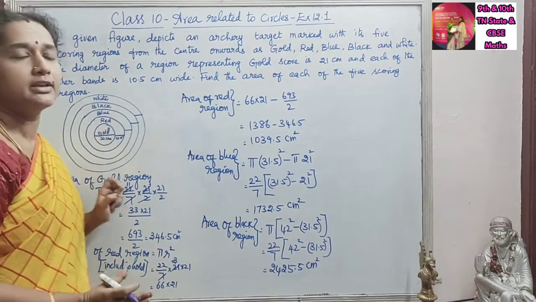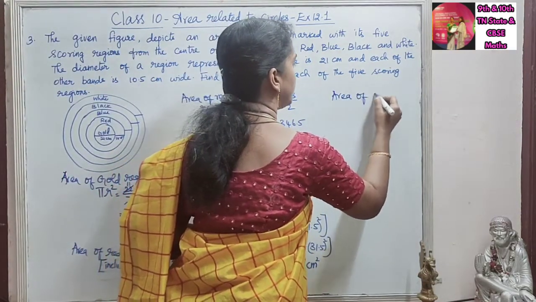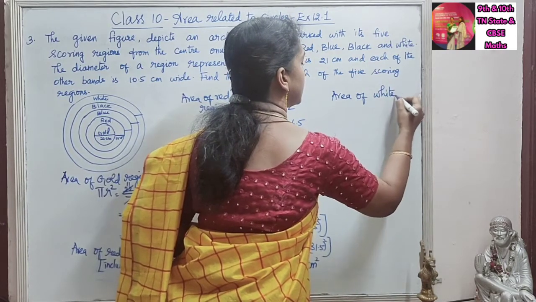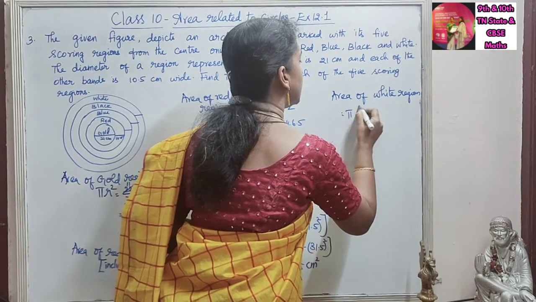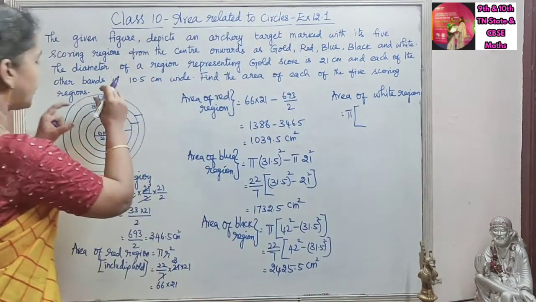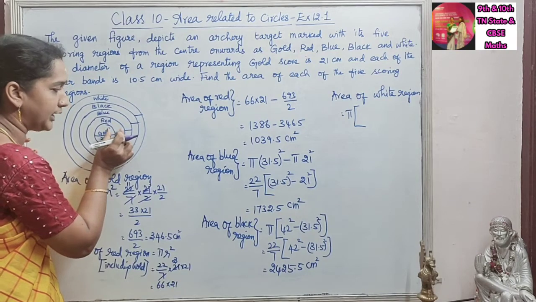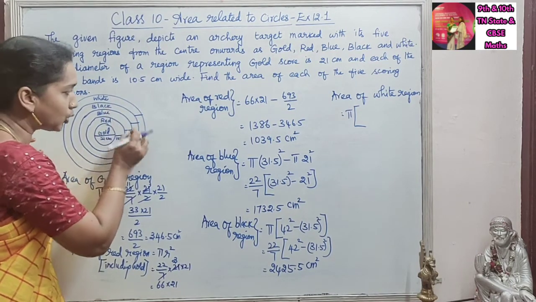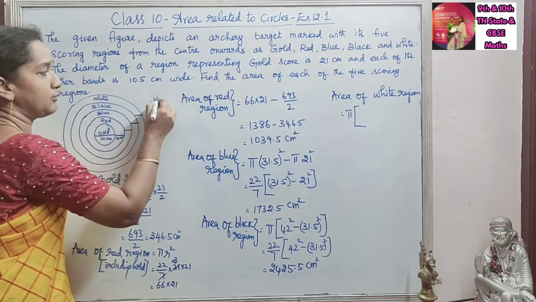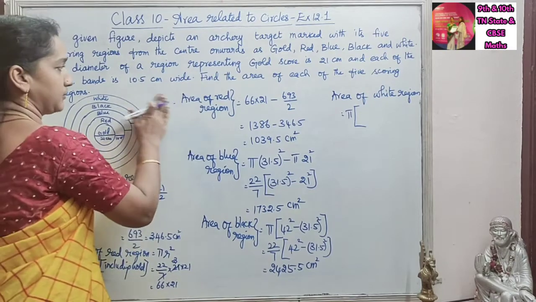Now finally we will find for the white region. Area of white region is equal to pi into. So for white, this is 10.5, 10.5, 21. So this is also 21. 21 plus 21 is 42. 42 plus 10.5 is 52.5. Okay.